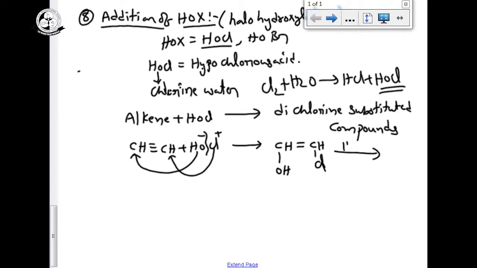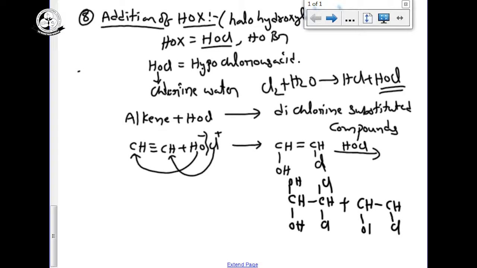Further I am adding one more mole of HOCl. Now carefully observe, students. What is the answer? Which answer is correct? See, OH here, CH, Cl. I am adding Cl here and OH here. This is one of the products, or CH single bond CH with Cl, OH, and Cl, OH.